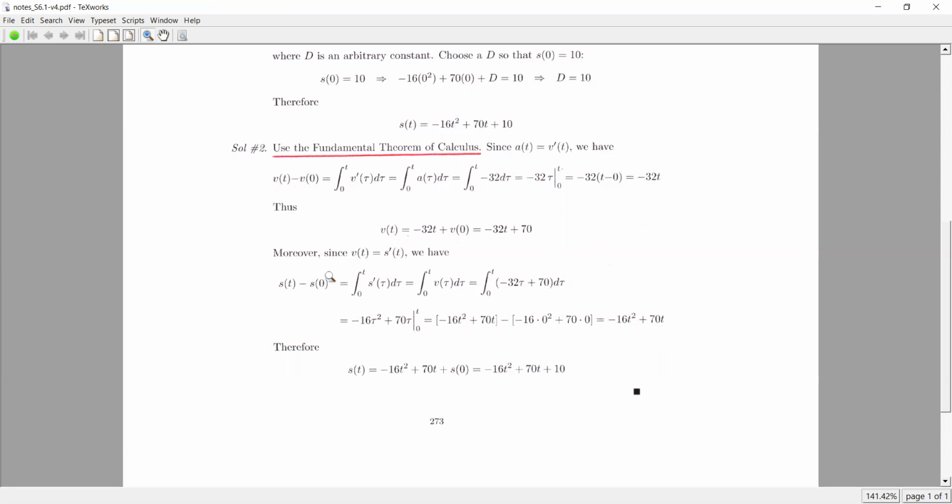Now move this number s of 0 to the right side. Then I have this equation. By the given initial conditions, s of 0 is 10. Therefore, the position function of the moving object is this polynomial.